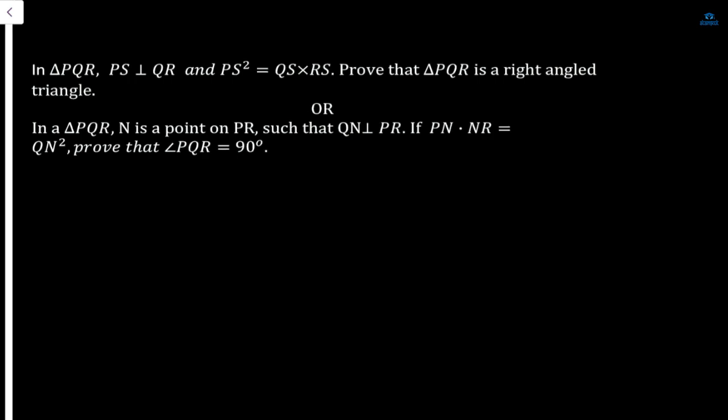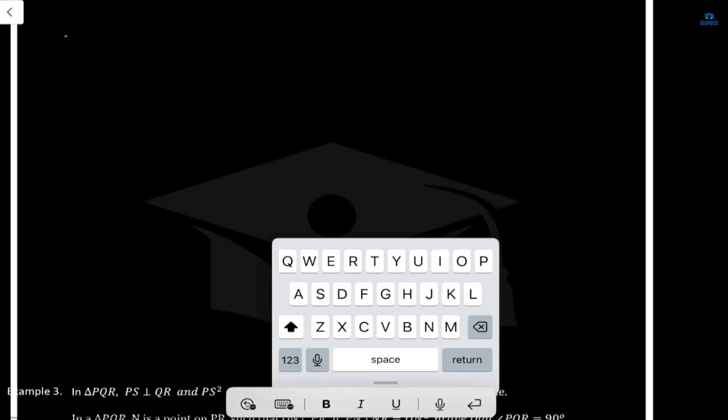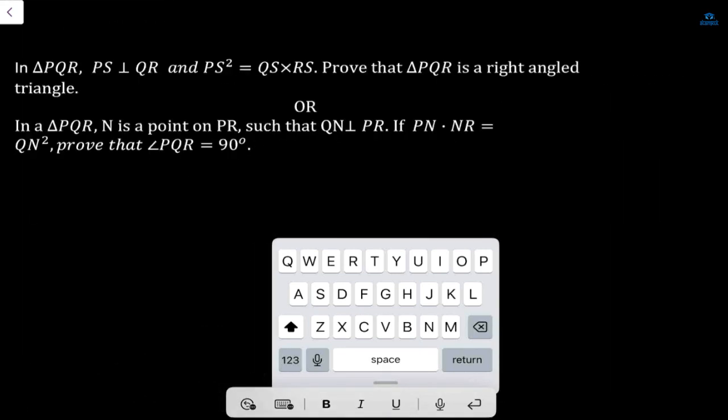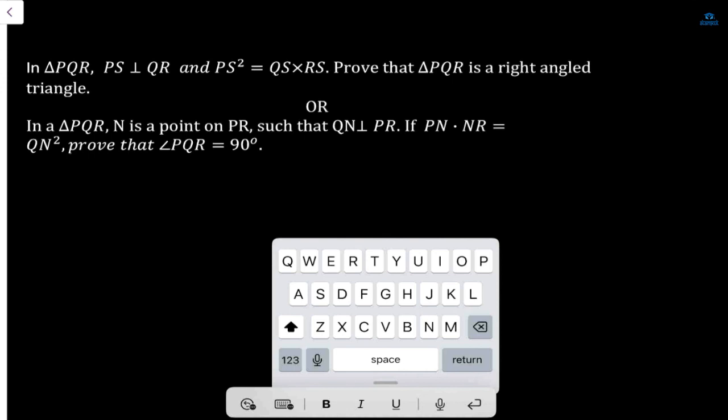Okay, coordinate geometry. Try doing this. See, both the questions are asking you the same thing, but the way is a little different.